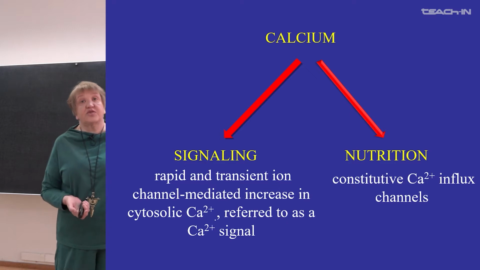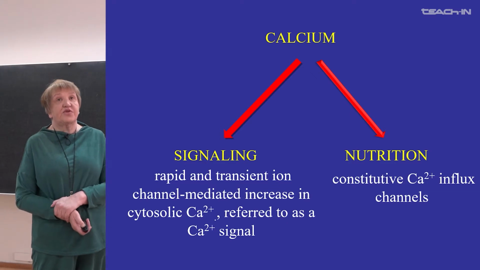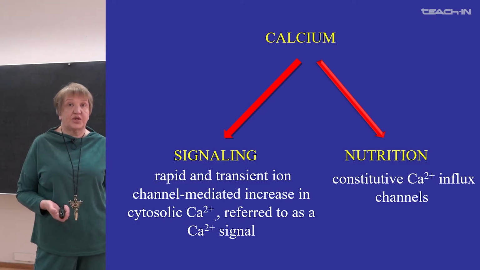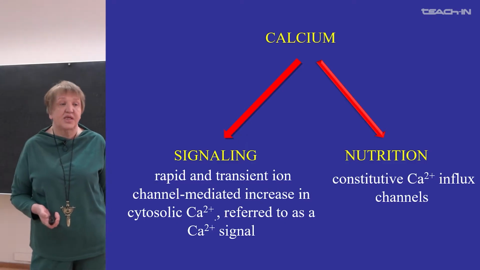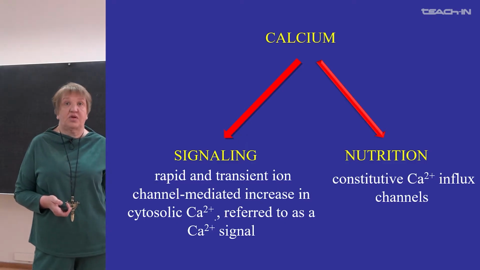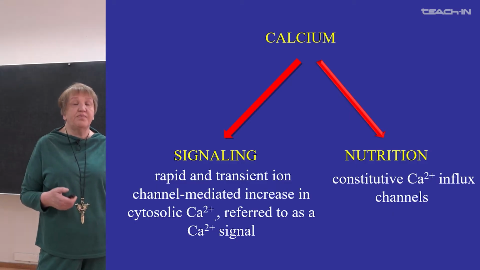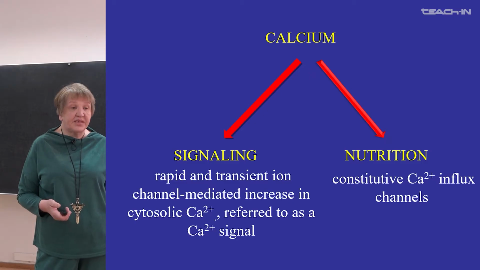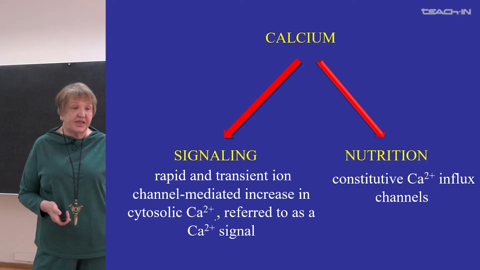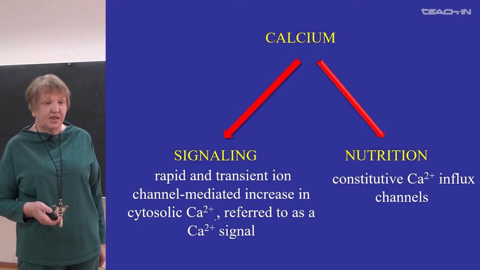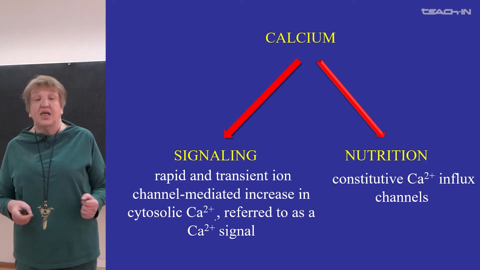So calcium plays a couple of different roles. The first role, which is important for things like stress response, is the signaling role. The signaling role is played by a rapid and transient, which is important, ion channel mediated increase in cytosolic calcium, the so-called calcium signal.